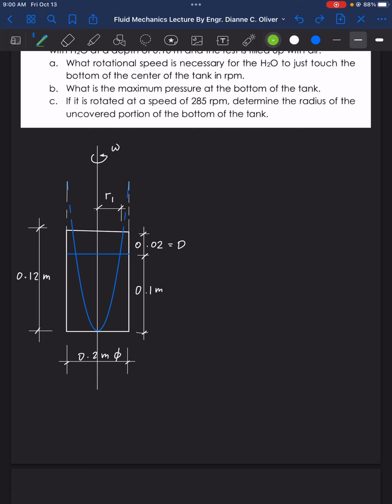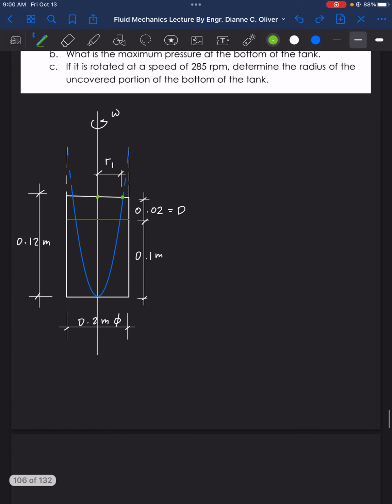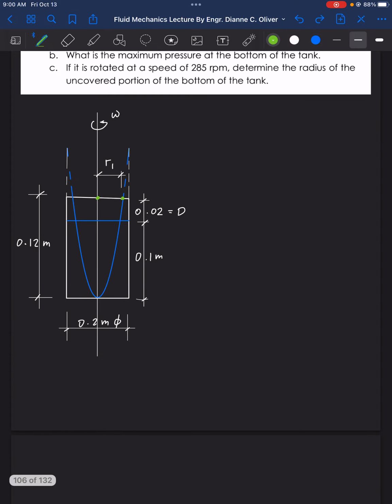Let's use another color for that. So when this happens, the total height of the paraboloid, let's name that as y.